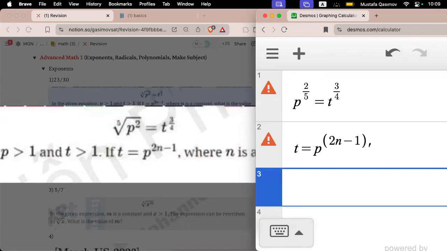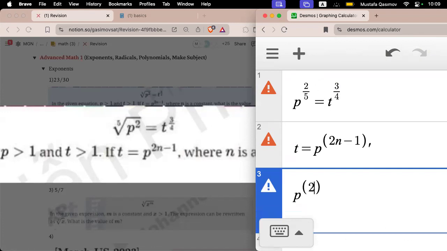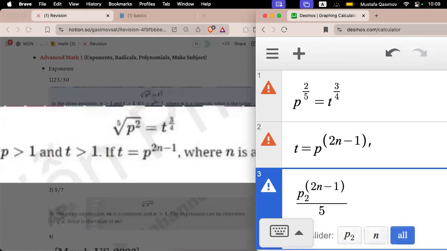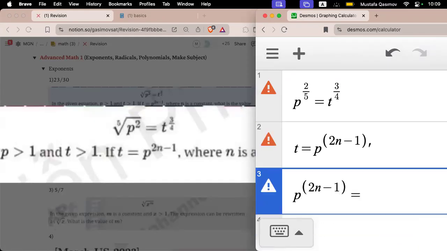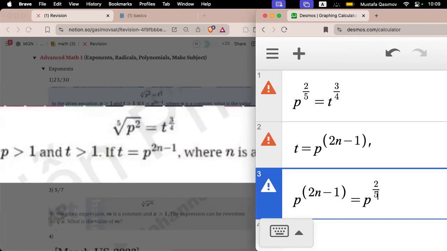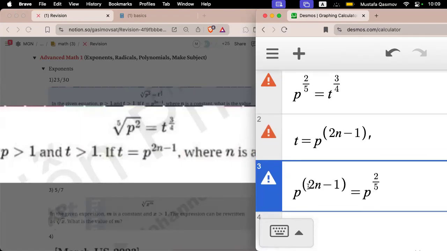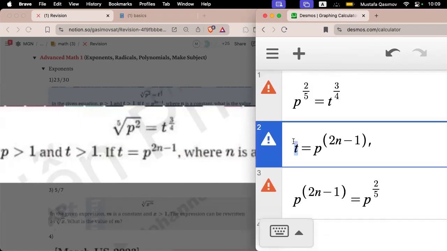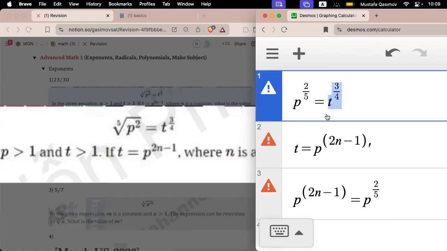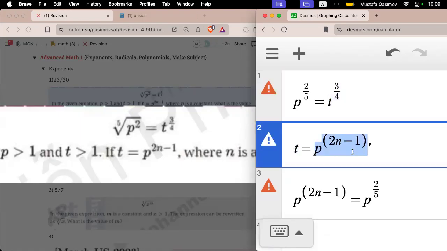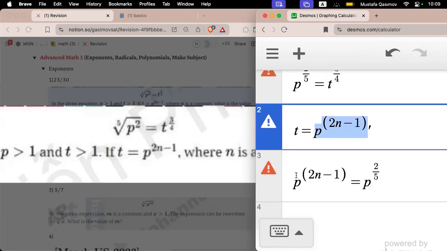Like this, or I mean like this. But no, actually, you must do it like this. Instead of t here, you can write this expression. So it will be like this.